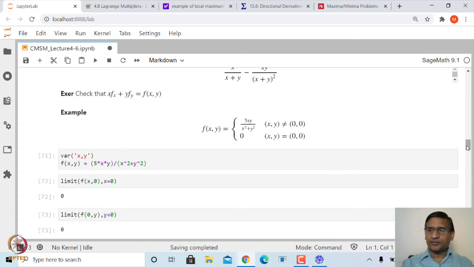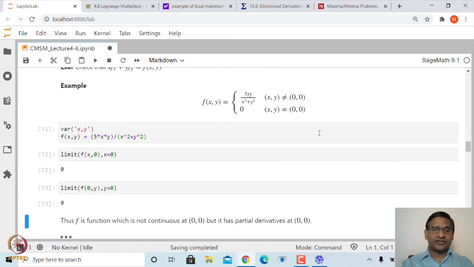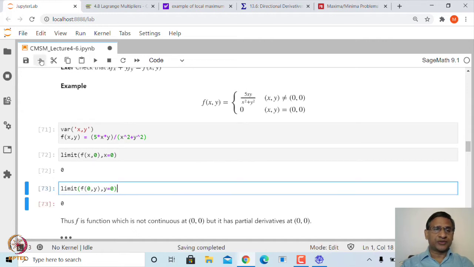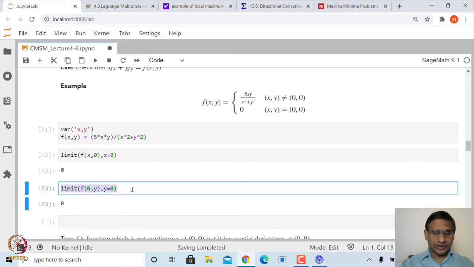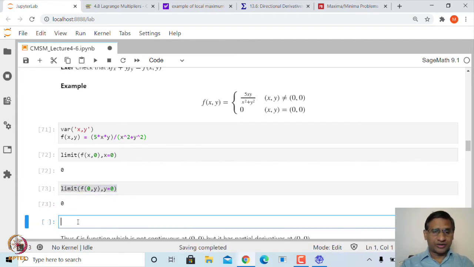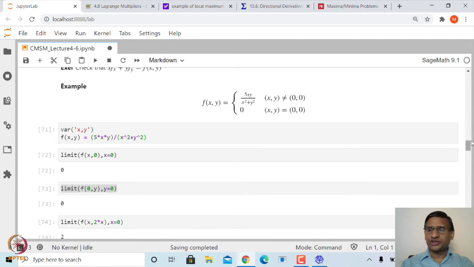However, if you try to find its limit along some other curve, so for example, let us take y equal to 2x, then at x equal to 0 this limit is 2.